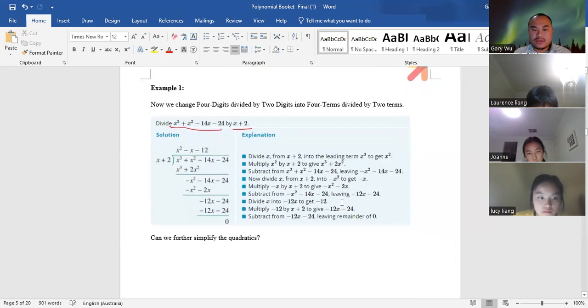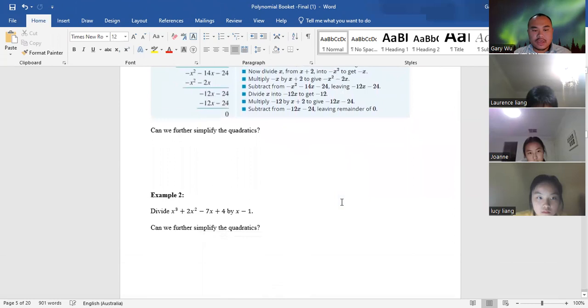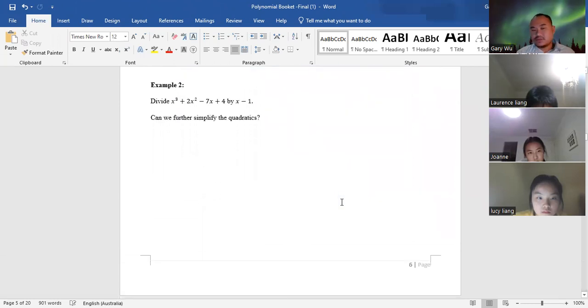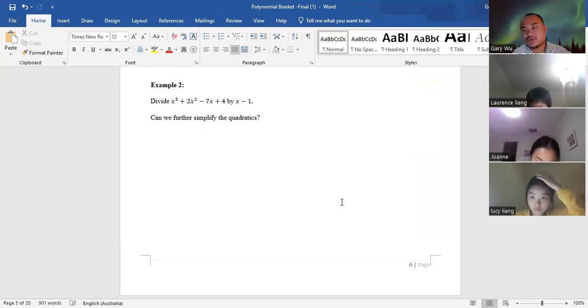All right, then can you please have a go on this one? So first of all, let's use long division to factorize it. And then you might get a quadratic and then see if we can further simplify the quadratic.